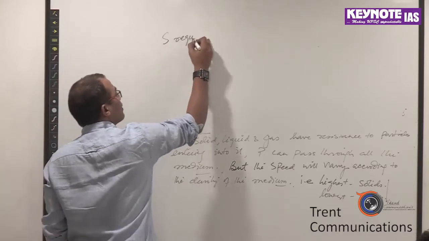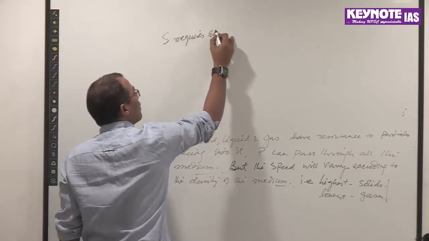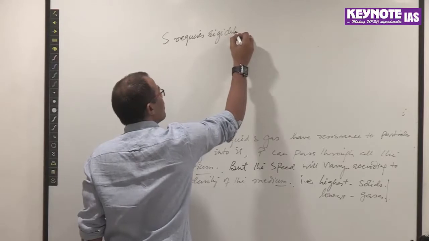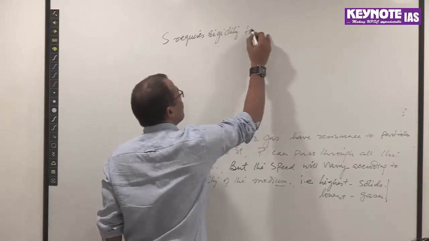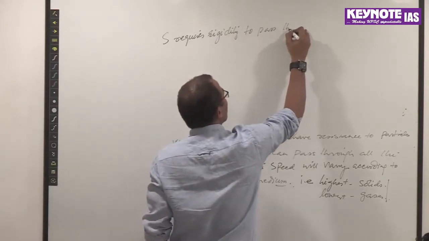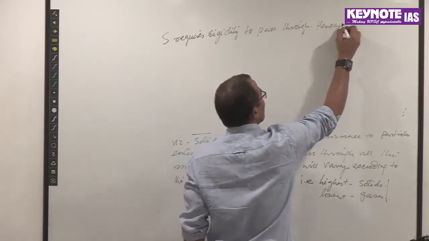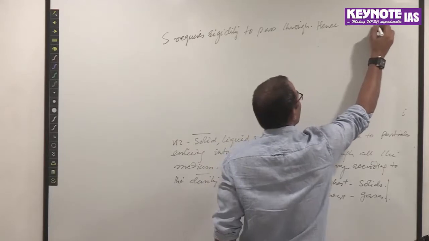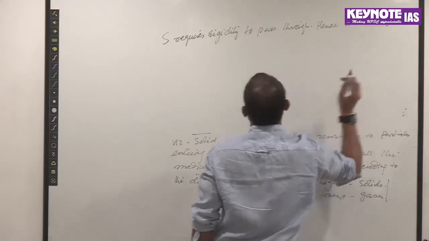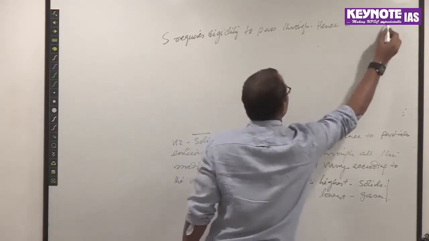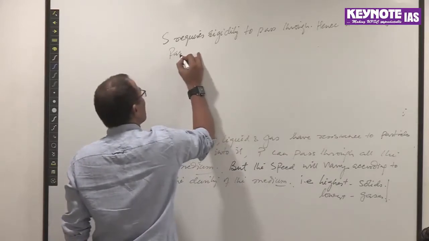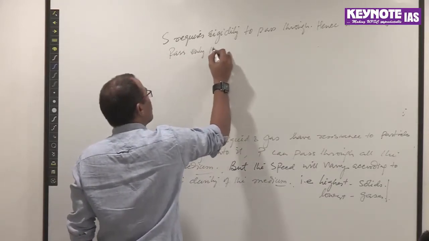S requires rigidity to pass through. Hence, it can pass only through solids.